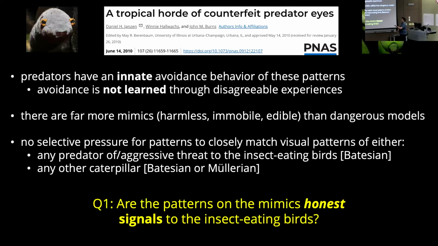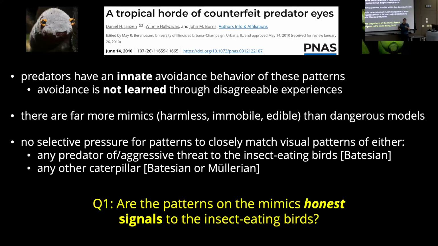So that raises the question: if you have a mimic that's not converging on a model, then for that one particular mimic, is it an honest signal to other insect-eating birds? I think it should be clear that it's probably not, because it's a signal of what? If there's no model for this mimic, then what could a bird learn?